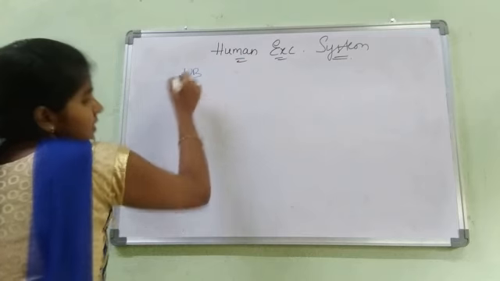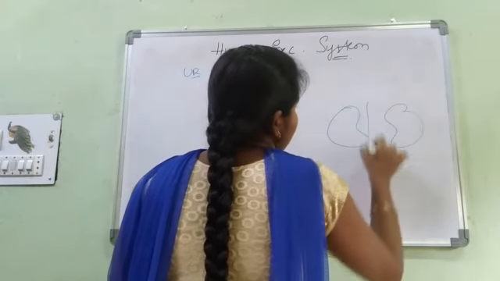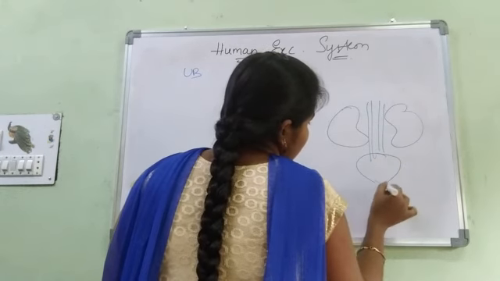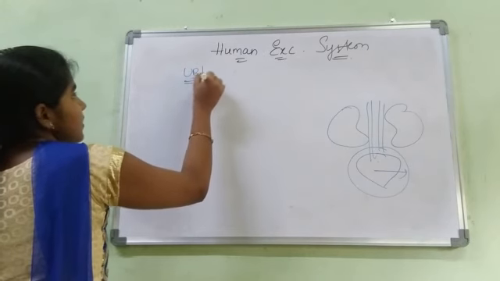The urinary bladder is, as I drew before, here are the two kidneys and here is the urinary bladder. Hence its location is median.